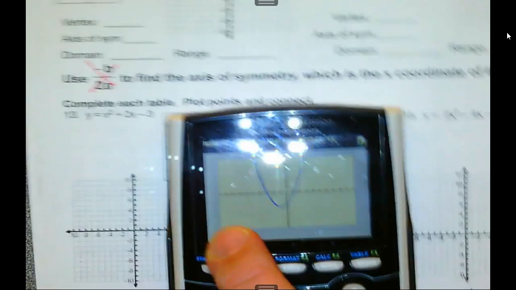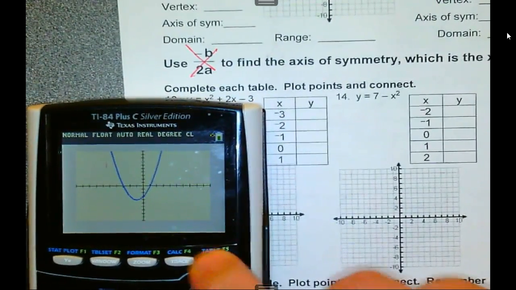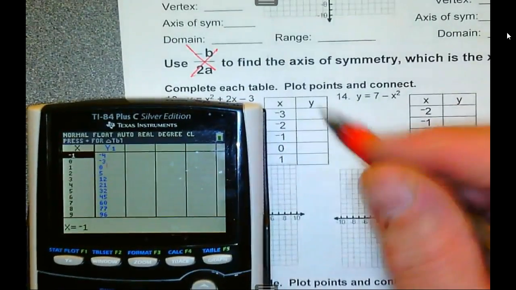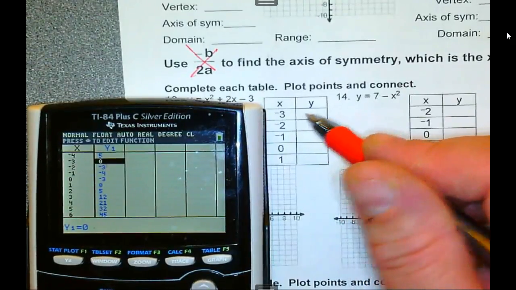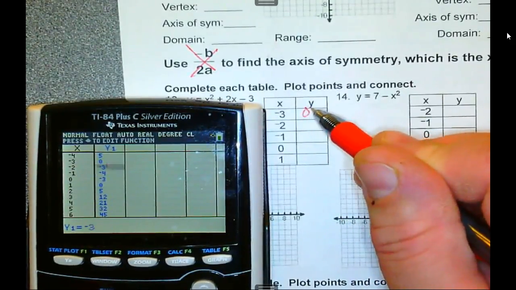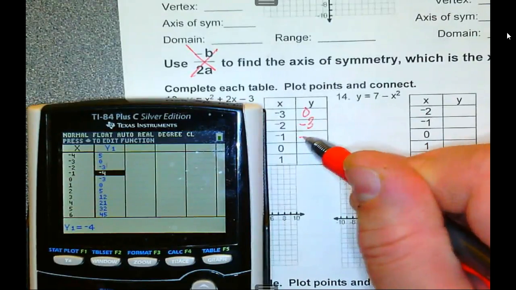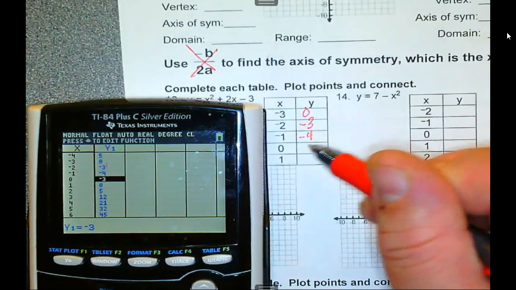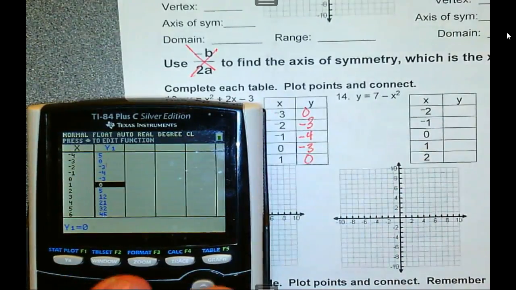I'm going to go to my table, get our values here. Let's see, negative 3, 0, negative 2, good. Negative 1, 0. Okay.